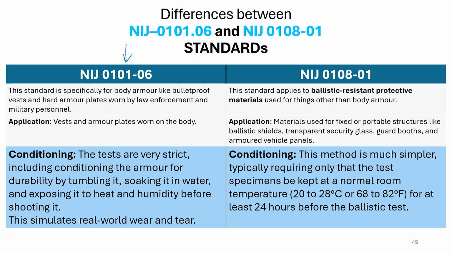That is why the tests are very strict here. There are very stringent requirements because people will be wearing this material. The armor is tested for durability by tumbling it.